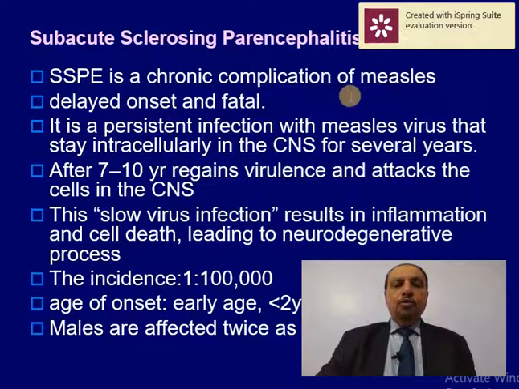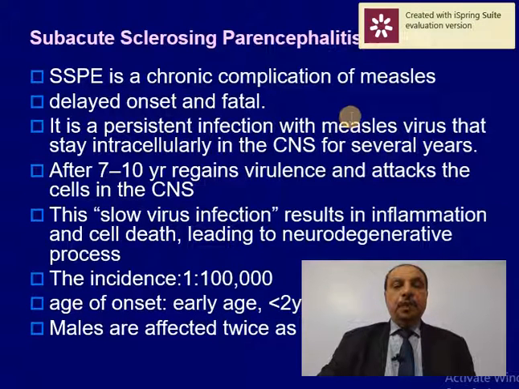Now, the most important complication of measles, which will not appear at the time of infection but will appear later on, after 7 to 10 years of measles, is subacute sclerosing panencephalitis, SSPE. It is a chronic complication of measles, with delayed onset, usually, we told, 7 to 10 years, and usually a fatal disease. It is considered a persistent infection with measles.